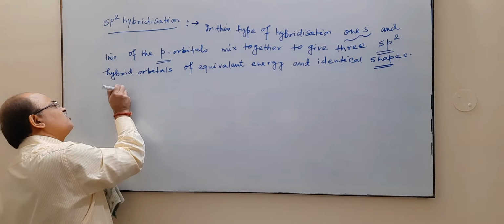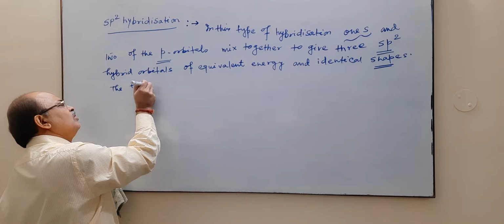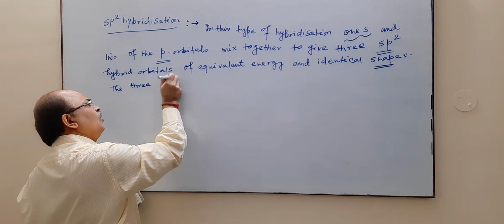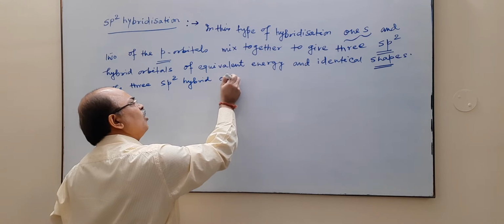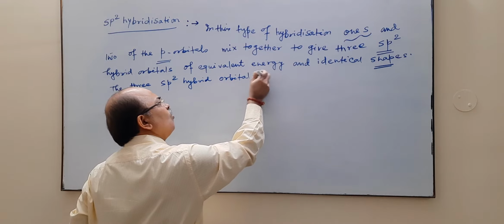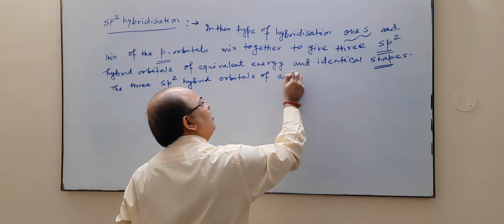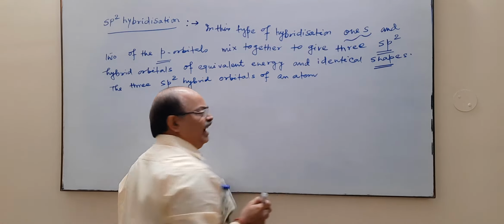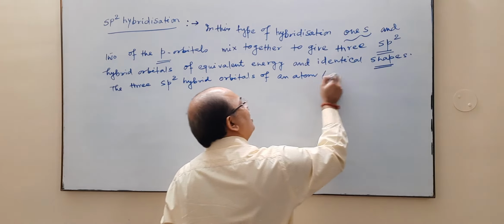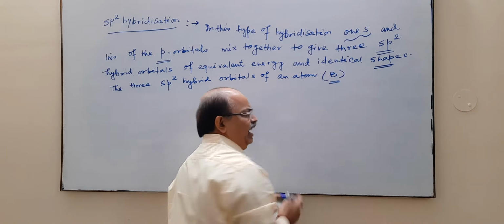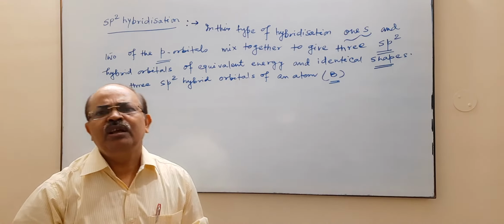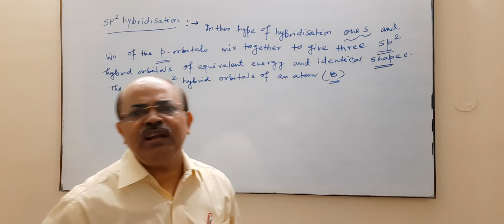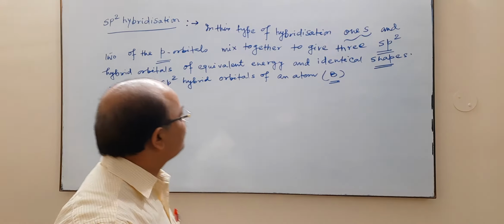The 3 sp2 hybrid orbitals of an atom. For example, consider the boron atom. For example, boron in BF3, boron in BCl3 or boron in BH3.